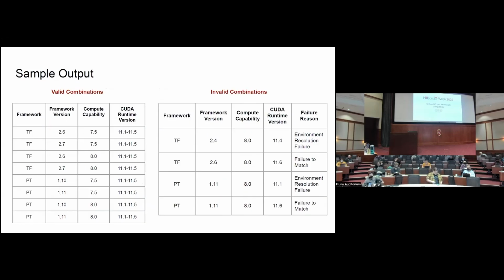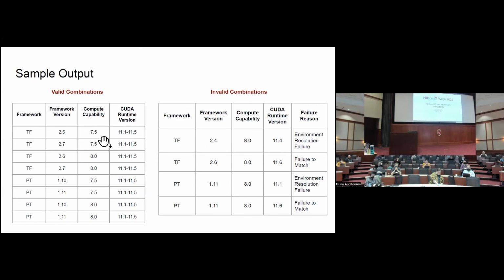I think people should be able to see this okay, but this is a sample output of what's being produced by the tool. You can see here we have TensorFlow, and it was confirmed to work with TensorFlow version 2.6 on compute capability 7.5. And then we see that there's a range of CUDA runtime versions that have been shown to work with this version of TensorFlow and this compute capability.